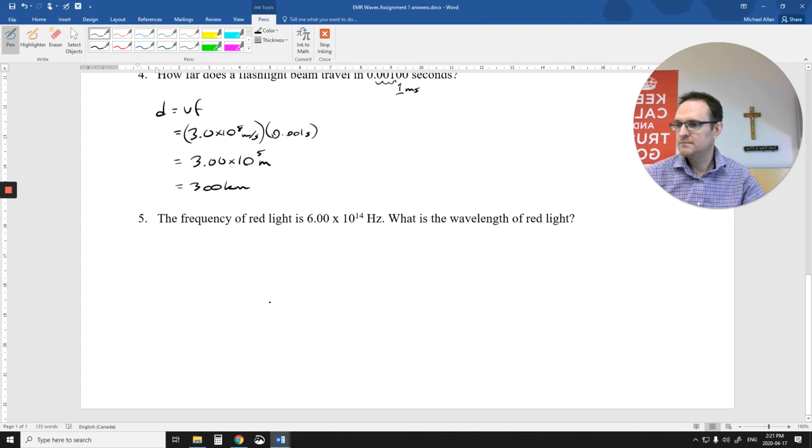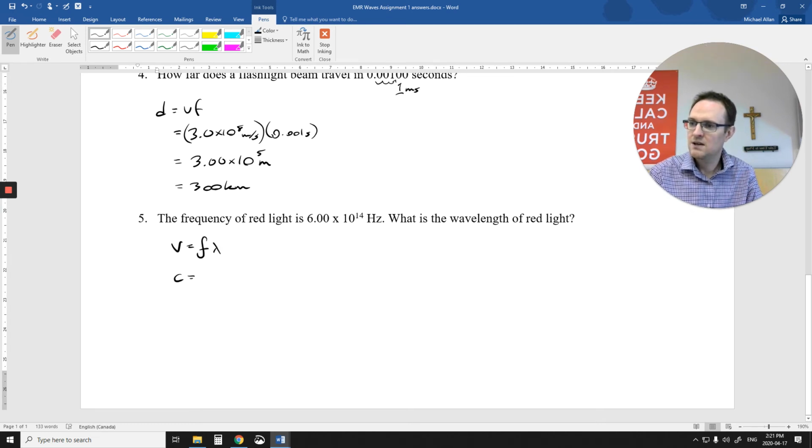Cool. What's the frequency of red light? So if I know red light's frequency here is 6 times 10 to the 14 hertz, what we know from one of Maxwell's predictions is that EMR behaves with the universal wave formula, where speed is equal to f times lambda.